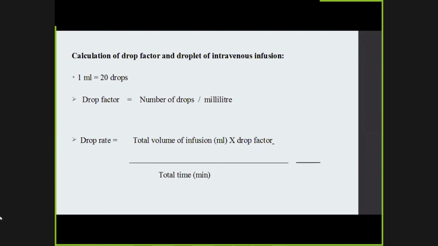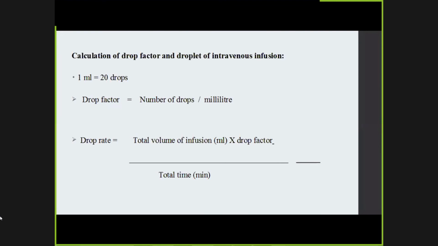And drop rate is total volume of infusion in ml multiplied by drop factor upon total time in minutes. And the right side the blank which you see, it's actually multiplied by 100.